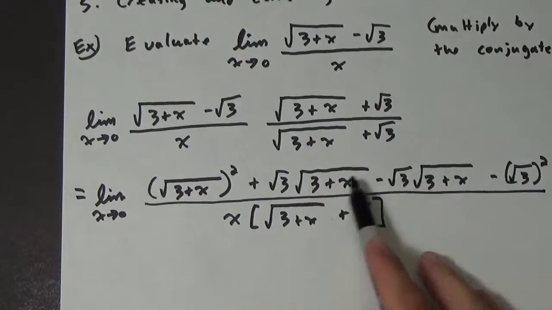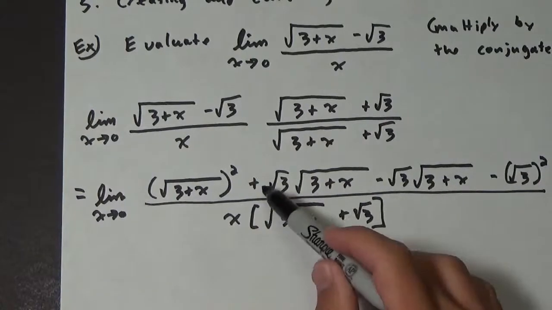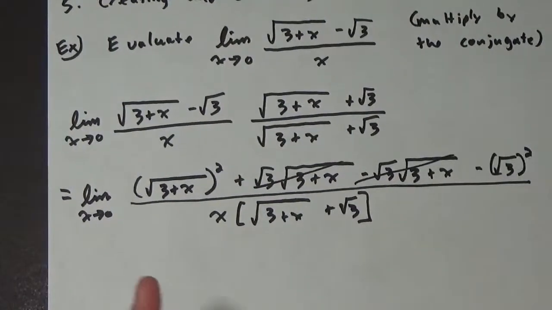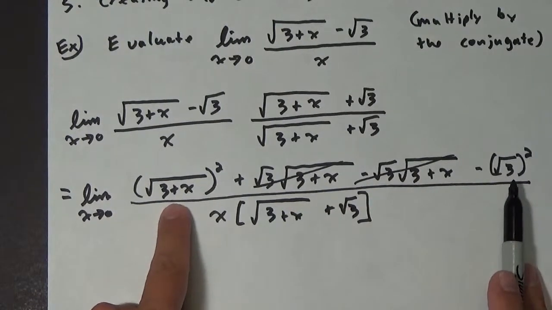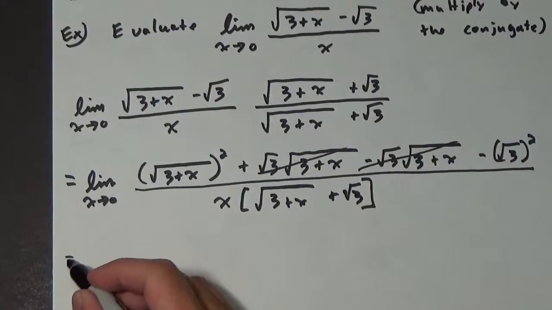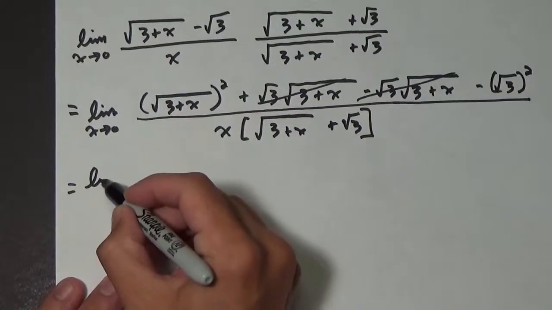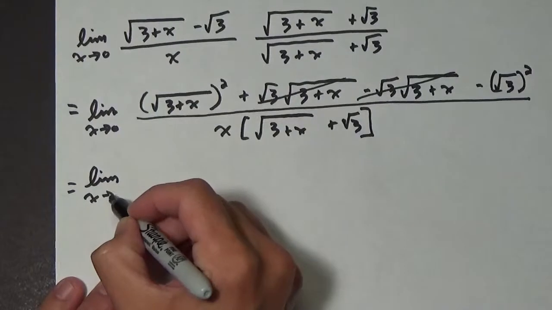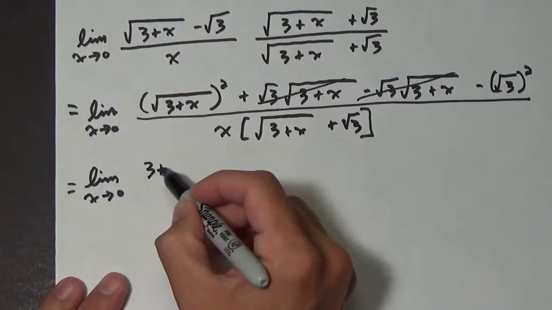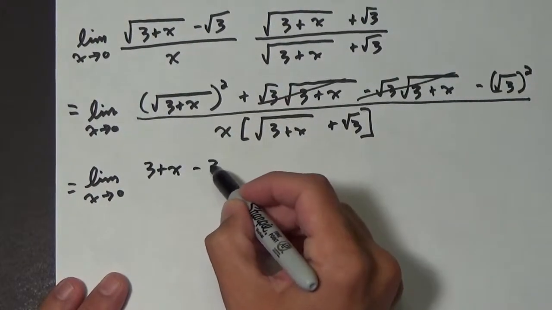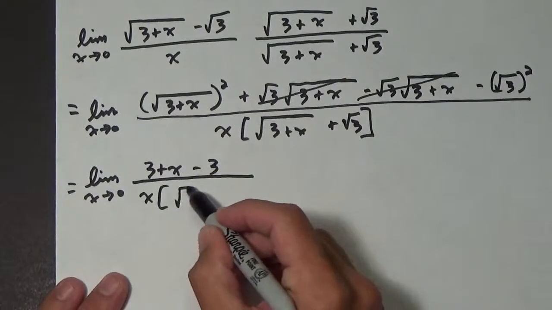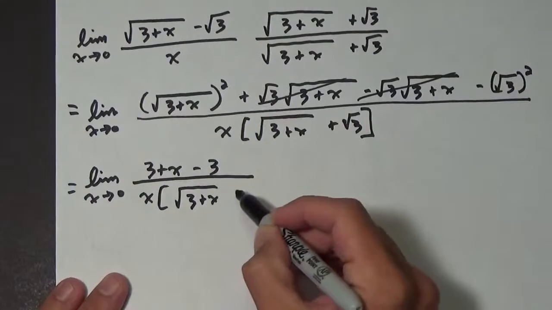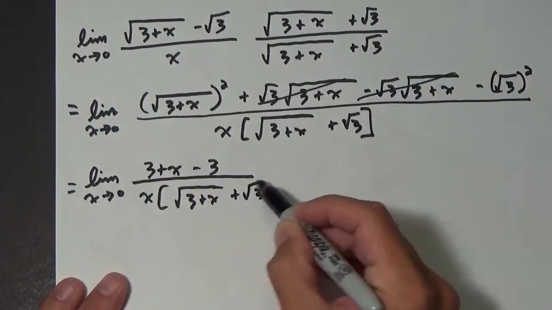Notice that these middle terms cancel out. And that's the whole idea. The conjugate is that you end up canceling out the middle terms. And notice that the outside terms are being squared. So we end up with the limit as x approaches 0 of 3 plus x minus 3, all over x times the square root of 3 plus x plus the square root of 3.